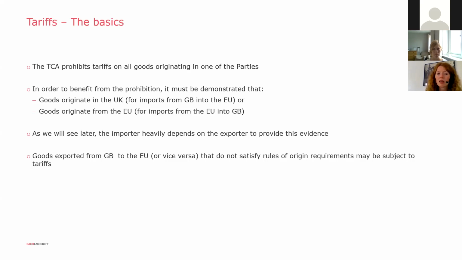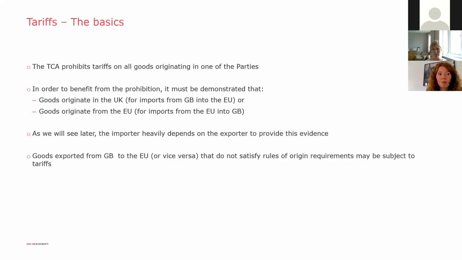So it is really key to provide evidence of the goods and where they originate from, whether they originate in the UK for imports from Great Britain into the EU, or whether they originate from the EU for imports from the EU into Great Britain. And so that's why we have a focus on exporters' obligations here today, because as we will see later, the importer heavily depends on the exporter to provide that evidence.